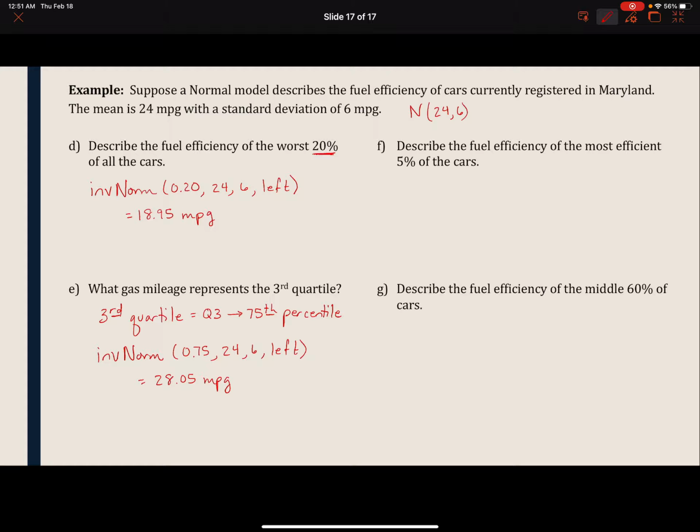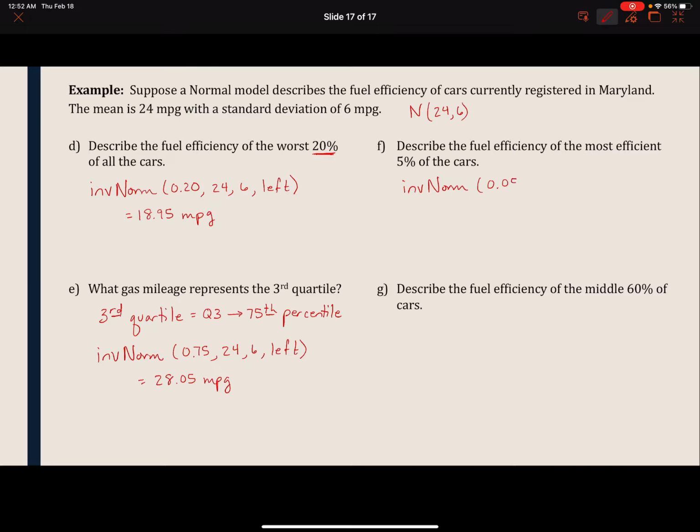For part F, it says, describe the fuel efficiency of the most efficient 5% of cars. So the most efficient cars are going to have the best fuel efficiency. So now we're talking about a right side area. If you have the newer calculator, you can enter inverse norm with 5%.